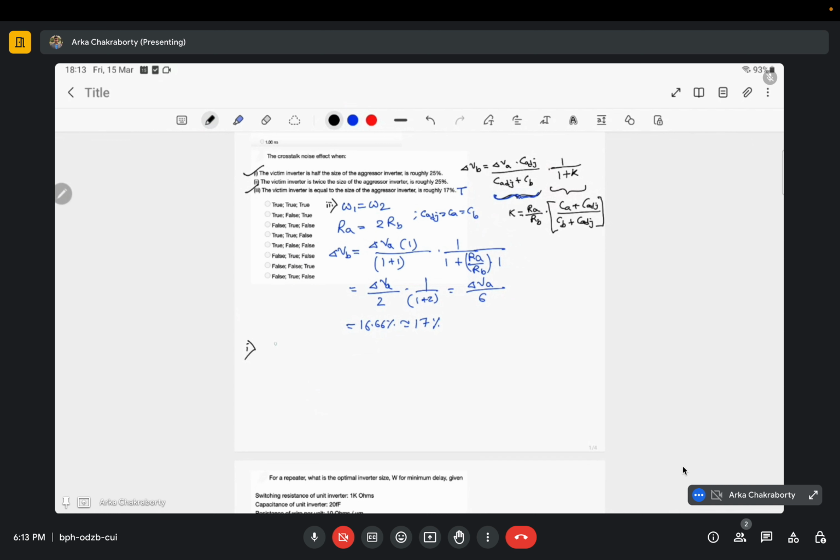So here my 2W1 would be equal to W2. Therefore the relation between RA and RB would be twice RA equals twice RB. Correct?